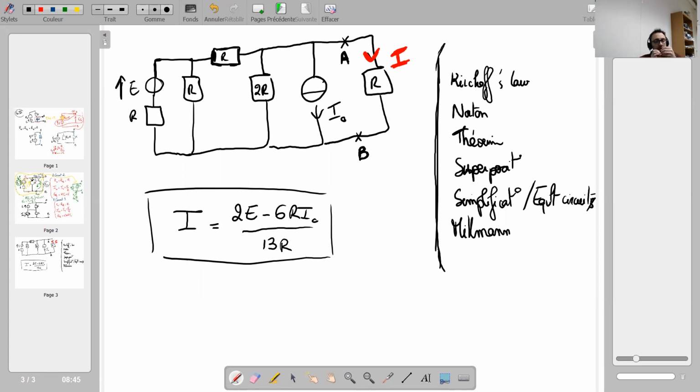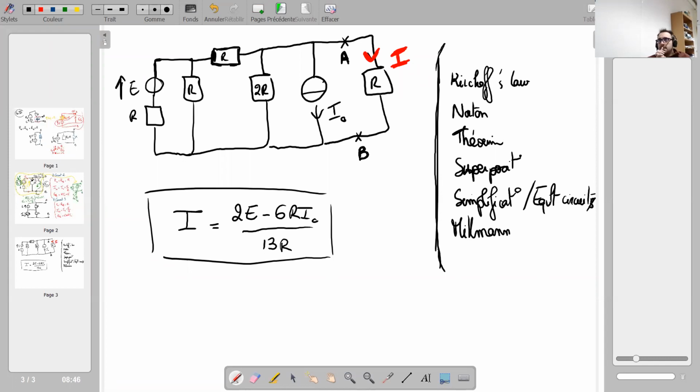Then the last point we will discuss is the notion of power. When you consider the power delivered by a generator, it corresponds to the voltage between its terminals times the current flowing through it. But you can also consider the power dissipated by a resistor, the so-called Joule effect.